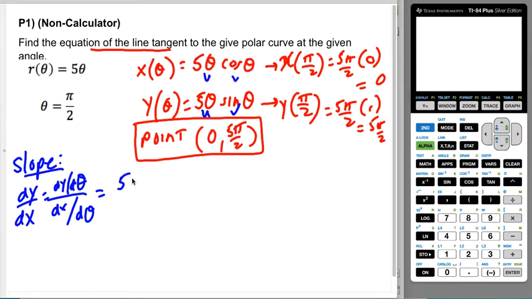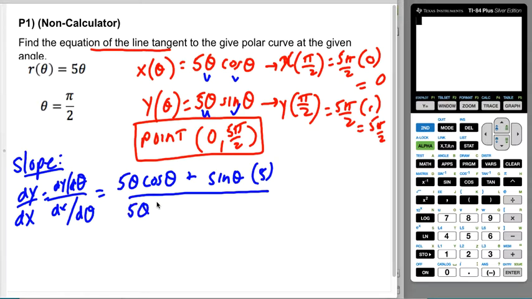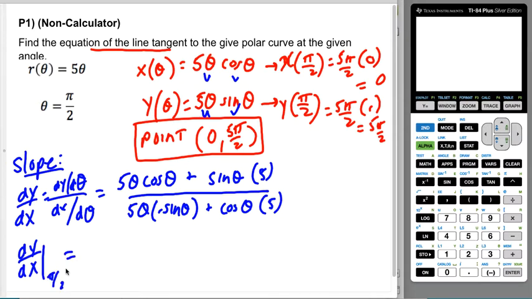So I'm going to get u dv plus v du on top of u dv plus v du, right? And I want dy/dx evaluated at pi over 2. It's not an accident that I picked values that would knock out all of the cosines, just like in the last one I knocked out the sine.